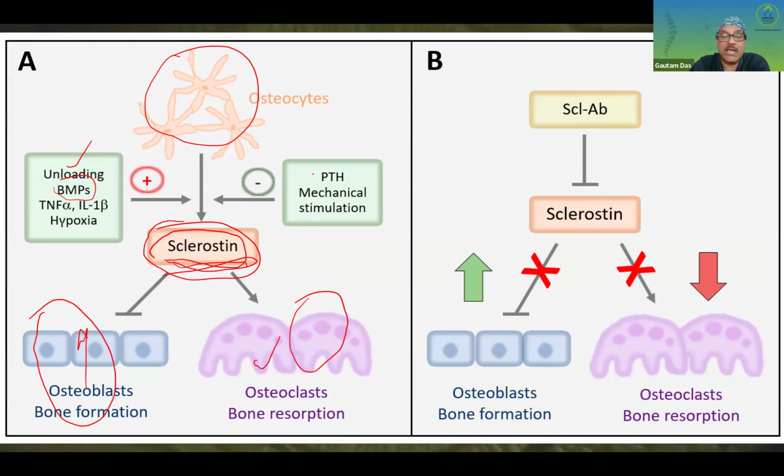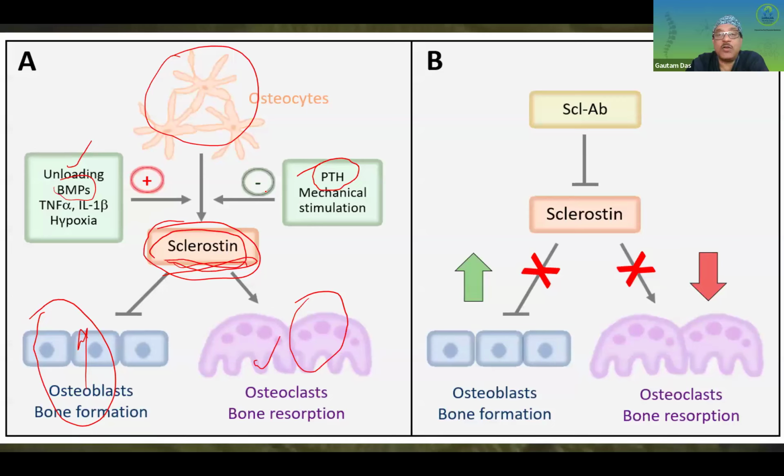Whereas parathyroid, again, has a dual role, I told you. What is the dual role? If parathyroid is given intermittently, or a parathyroid analog like teriparatide is given intermittently, meaning a single daily dose of teriparatide, what will happen?